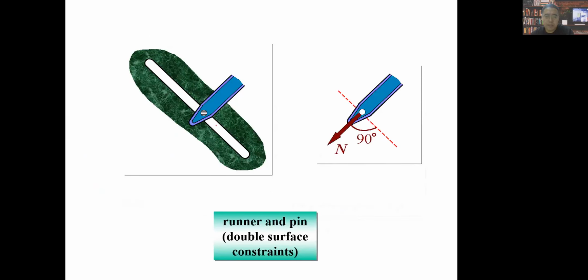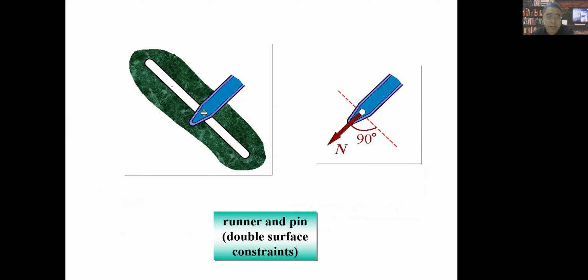Actually, this is not a very common constraint, but you guys should know it in case we encounter it in some problem in our engineering life. You can see there is a thin slot along this direction, and this is the shape of another body. There is a pin around one. Actually, it means along this direction of the slot, this body can move freely.